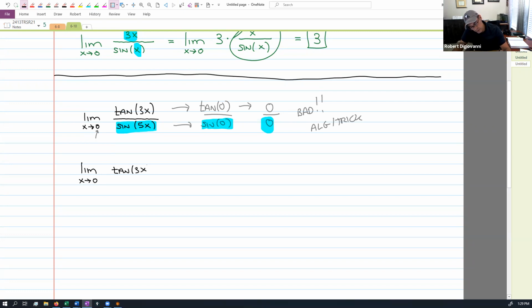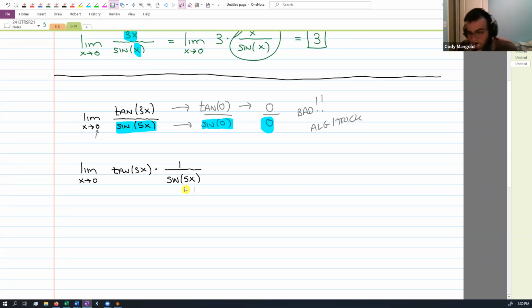This is just algebra. All I'm doing is sliding the tangent away from the sine of 5x that's on the bottom. Okay, so I've pulled that apart. You with me?